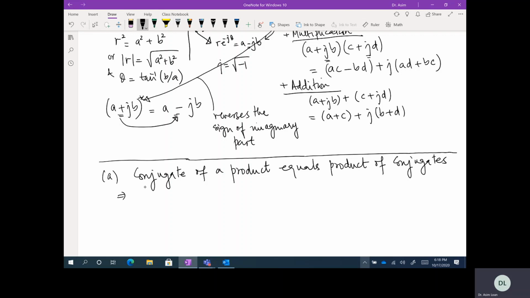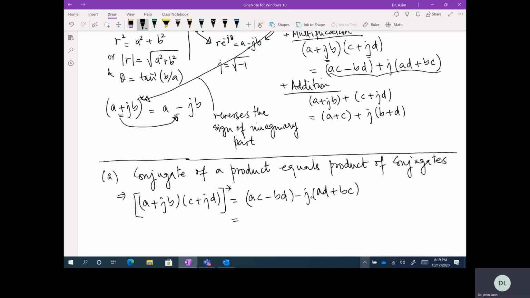This means A plus JB times C plus JD: when I conjugate it, inside I have AC minus BD, and since I conjugate, this becomes minus J times AD plus BC.